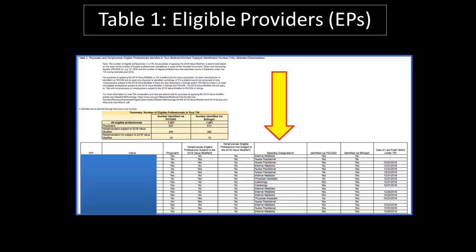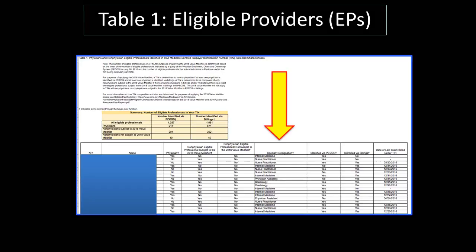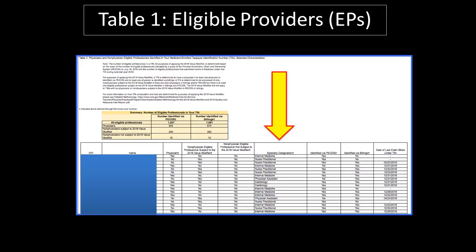So you can imagine an example where an electrophysiologist, who is both a cardiologist and an internist, a specialist in internal medicine, is classified as an internal medicine physician. He or she would look extraordinarily expensive to CMS because most internal medicine physicians are not attributed with patients who have the same degree of cost that your typical electrophysiologist would have because of the type of work involved in electrophysiology with implanting devices and so forth. So this designation becomes very important for us to cross-check.